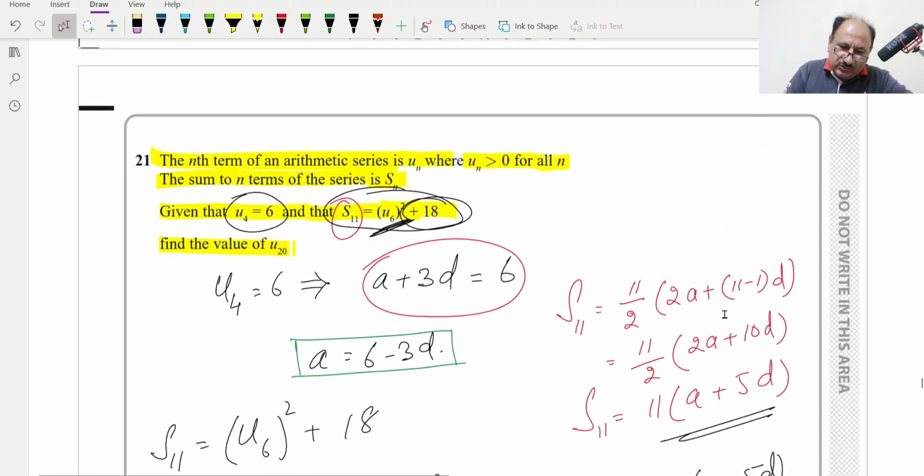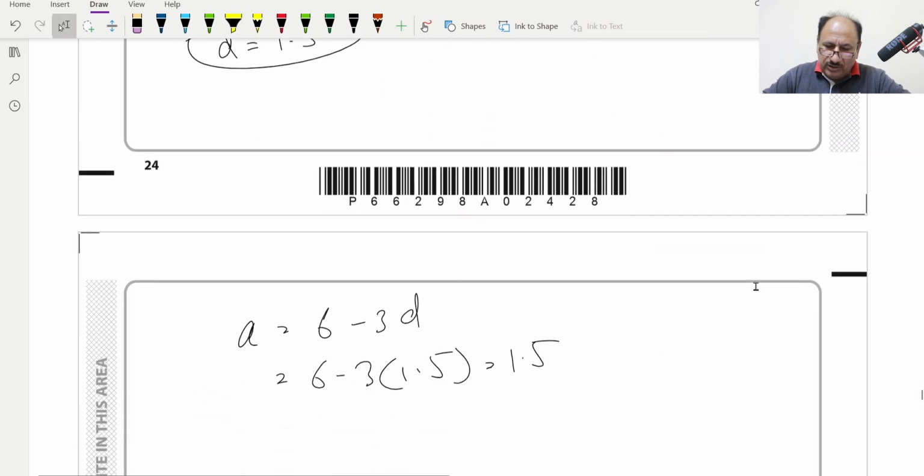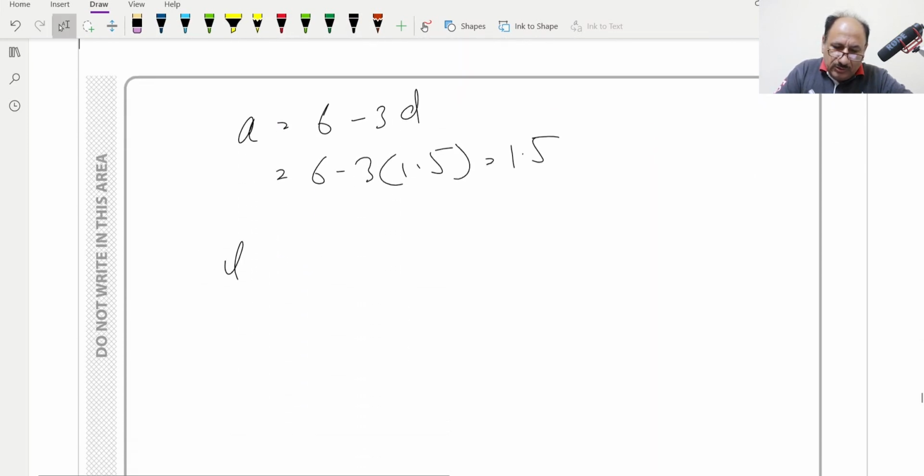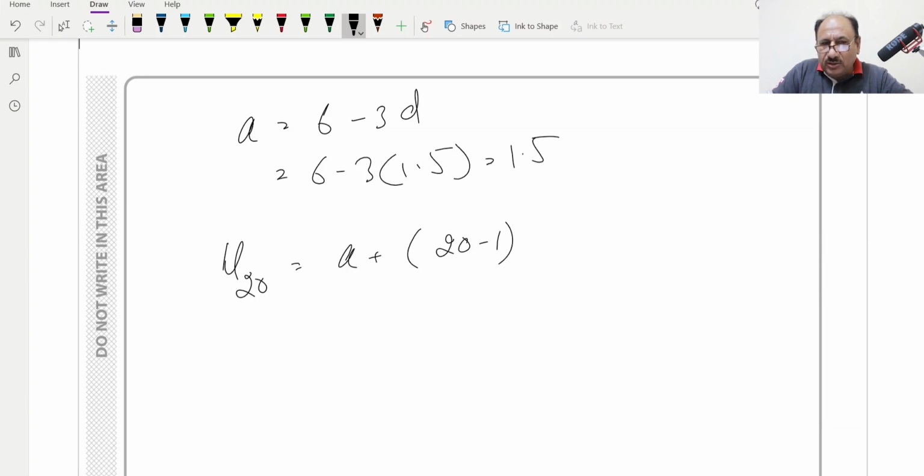Our task is to find the value of u20. So u20 will be equal to a plus 20 minus 1 into d. We can write the a value is 1.5 plus 20 minus 1 will be 19, so we write 19, and the d value is 1.5.